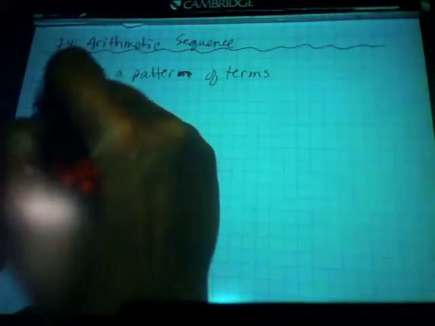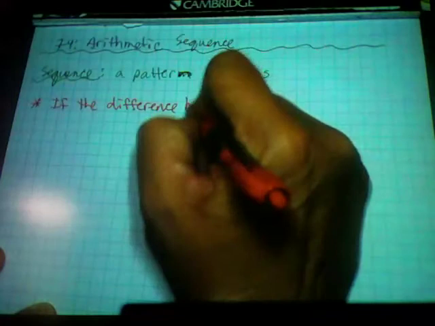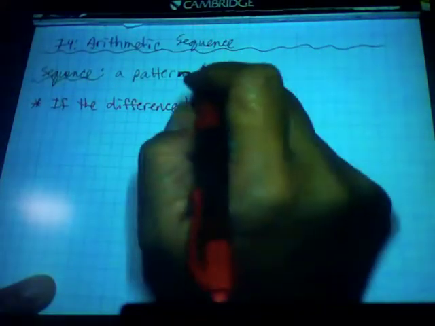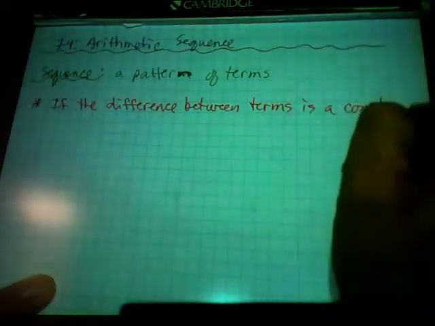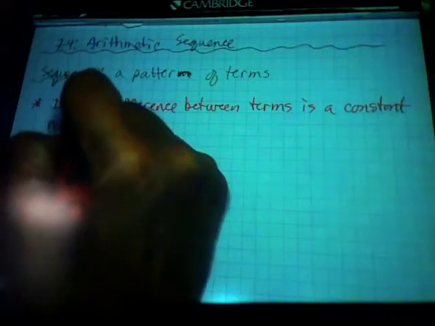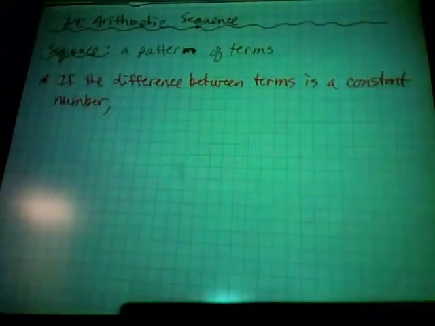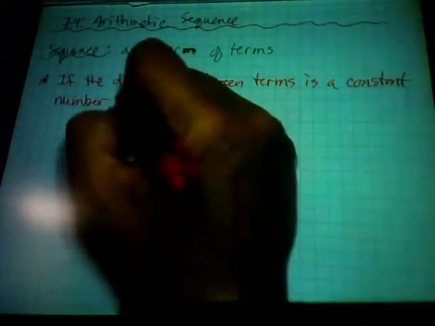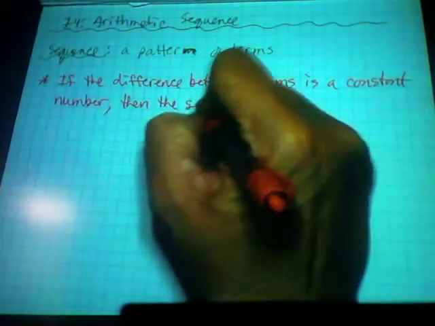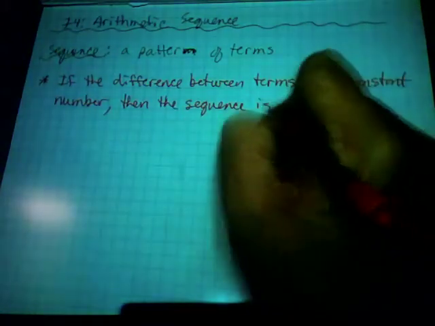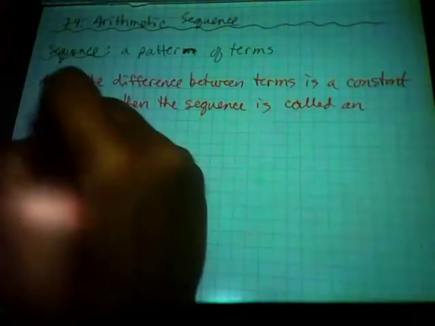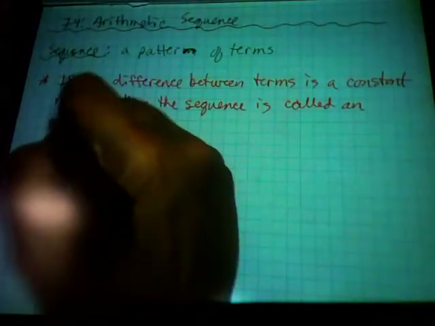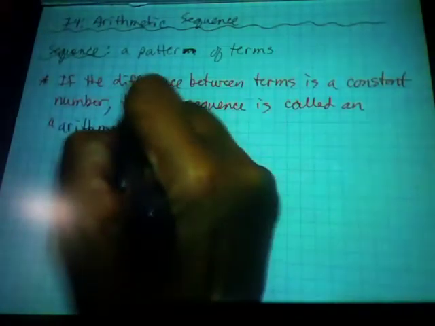If the difference between terms is a constant number, then the sequence is called an arithmetic sequence.